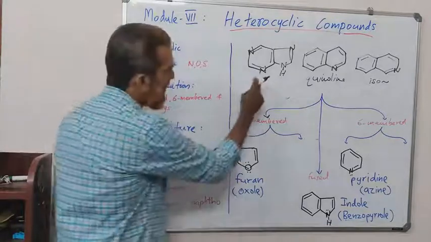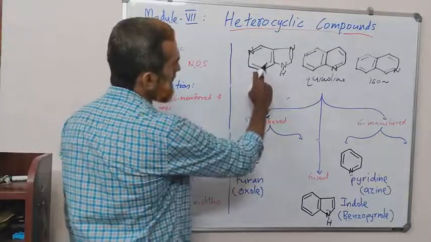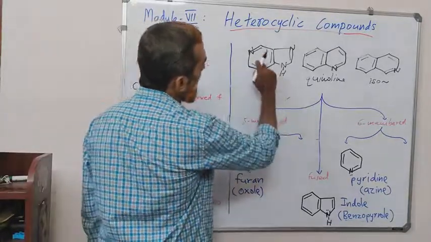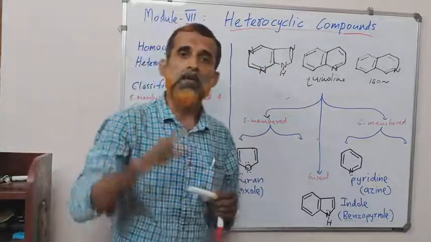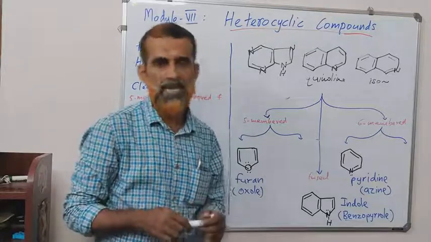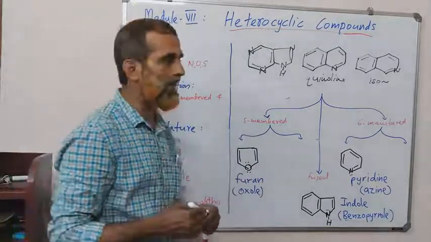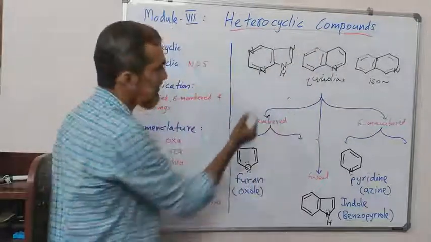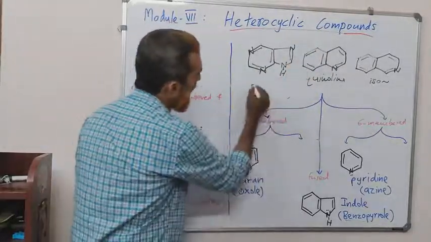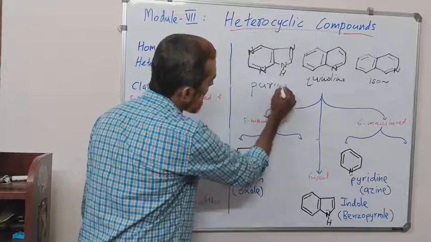I told you, pyrimidine. So this is actually a combination of pyrimidine as well as imidazole. What is the importance of pyrimidine? It is part of the DNA, isn't it? And RNA, nucleic acids. So it is pyrimidine and imidazole together. This is purine.